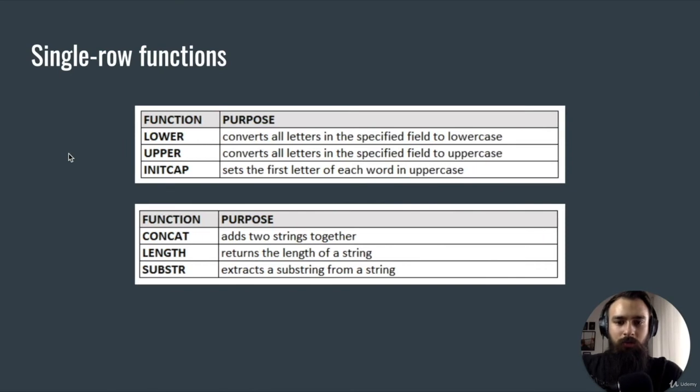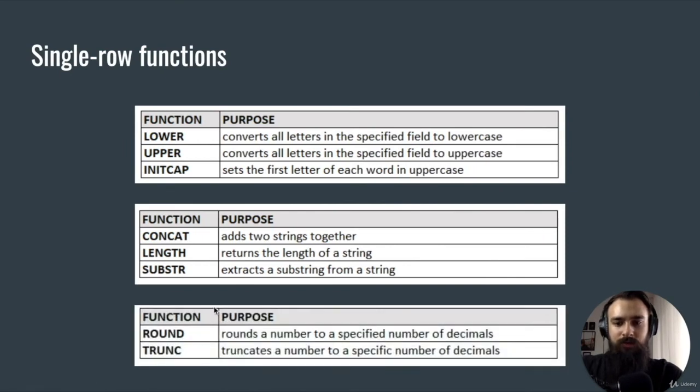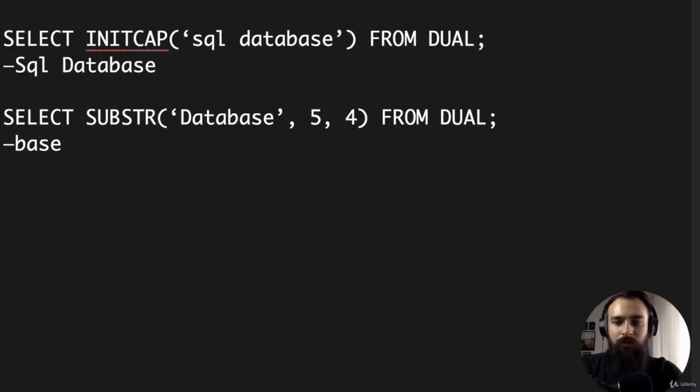The next group of functions consists of two functions, round and trunc. The first one rounds a number to a specific number of decimals. I'll take as an example the function select round 920.58 and then the second value 1.